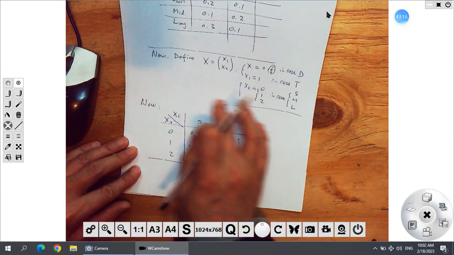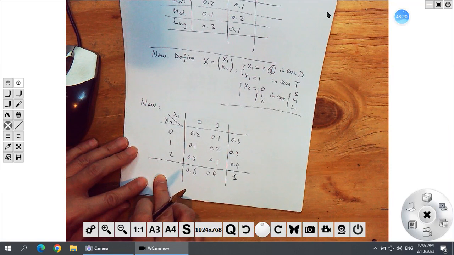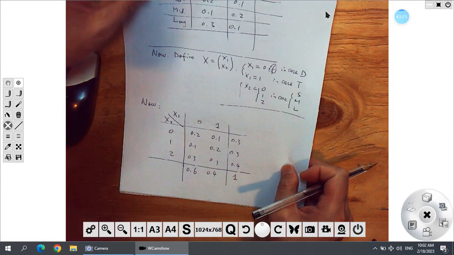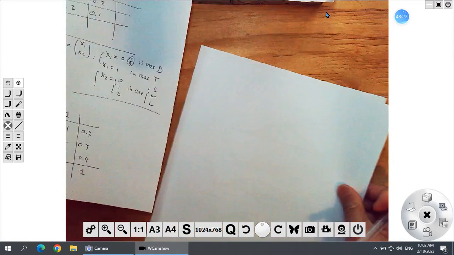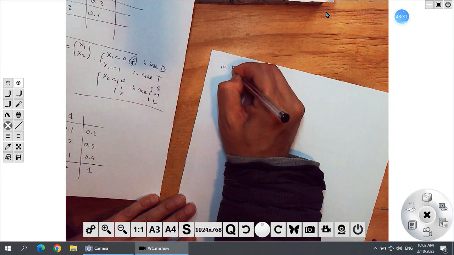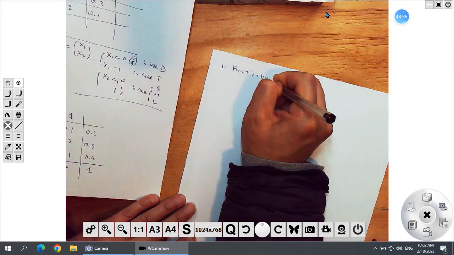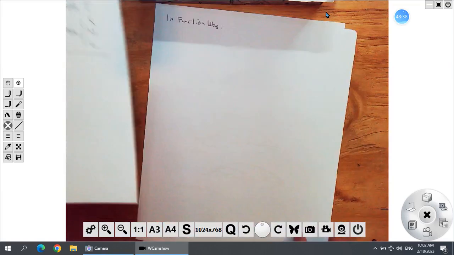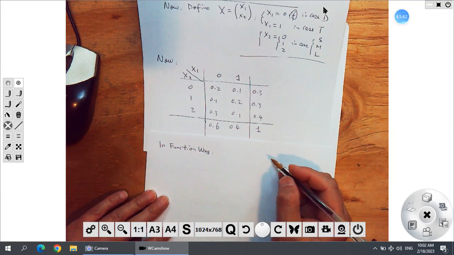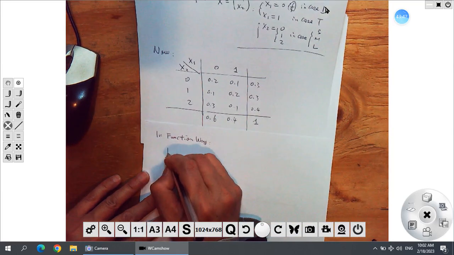And for this one, now we can write it in a function way. First, we have the PMF.